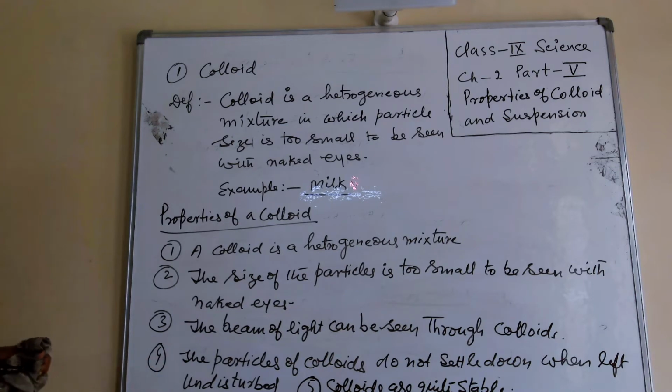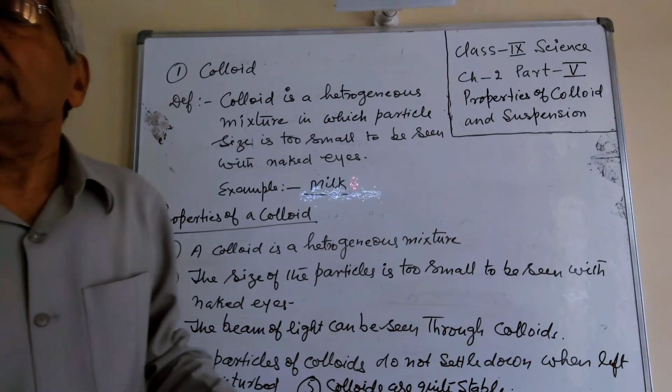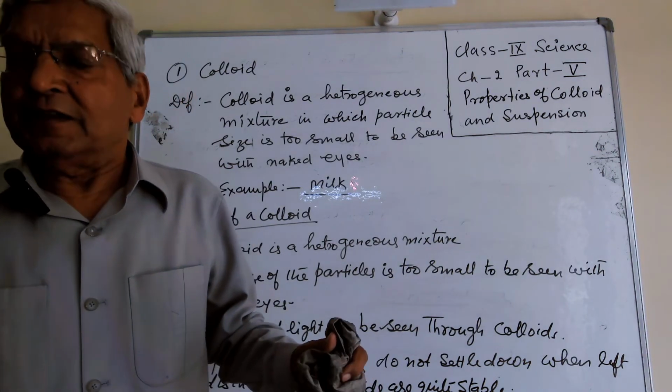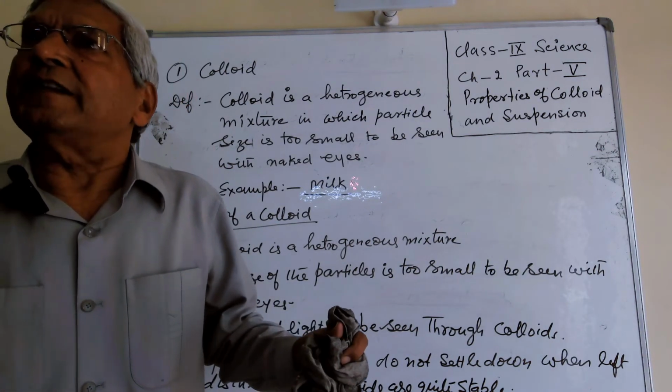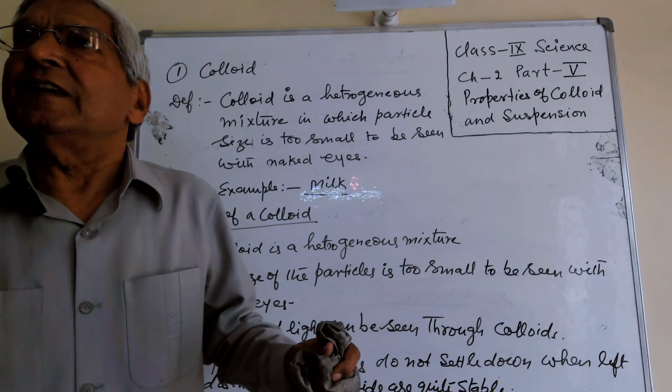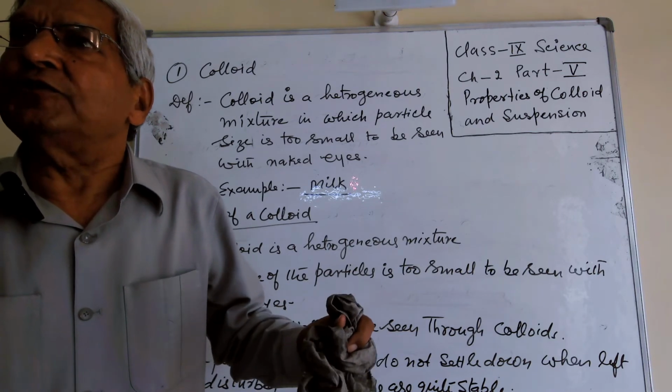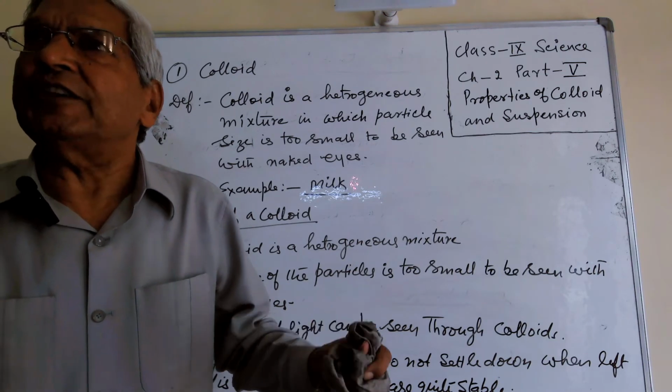You cannot see with the naked eyes. Third, the beam of light can be seen through the colloid. Light can pass through the colloid. You can see the beam of light.